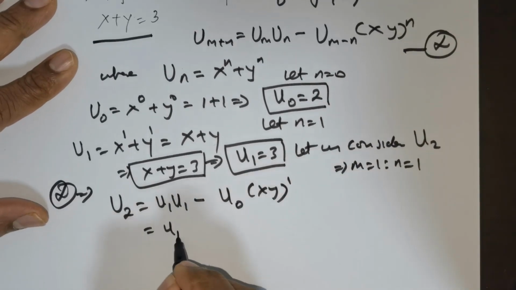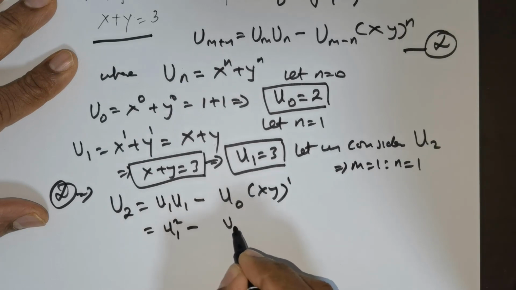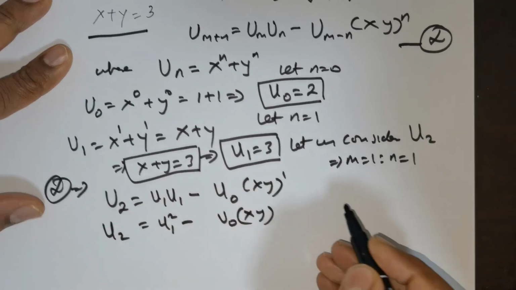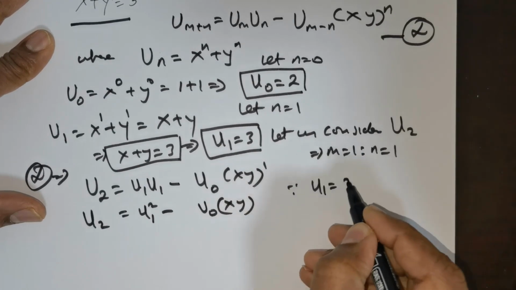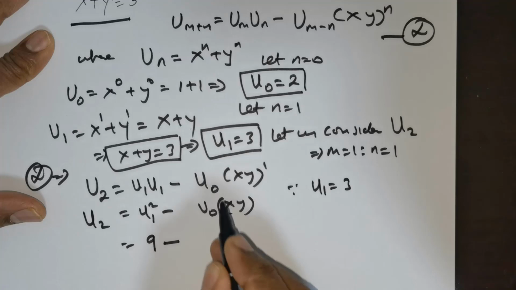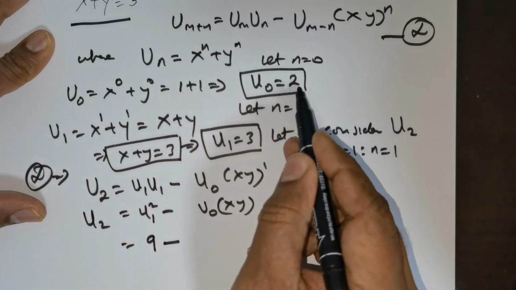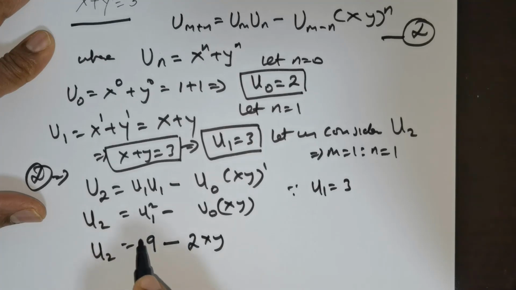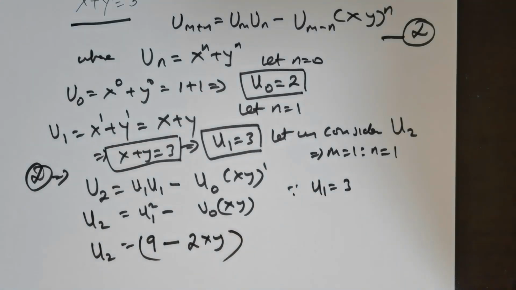Now this is going to be u_1 squared - u_0 xy = u_2. Since u_1 is equal to 3, this is going to be 9 - 2 times xy = u_2. So this is a very important expansion we have got. Let me go to the next page.